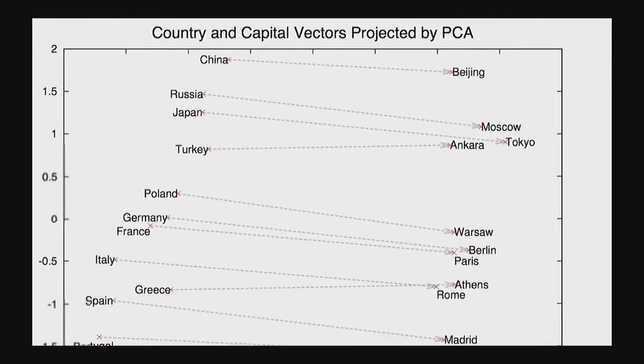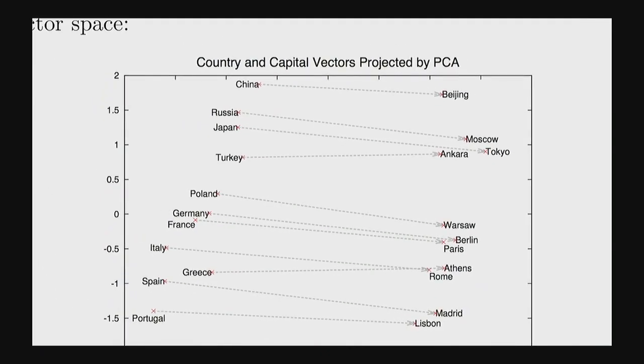Here what they did is they trained a neural network to just predict the neighboring words given the context of it. And then they took the representation for every word and did PCA to project it down to 2 dimensions. And what they found was that even this simple projection had interesting relationships between countries and their capitals.